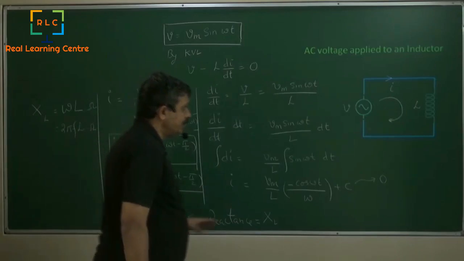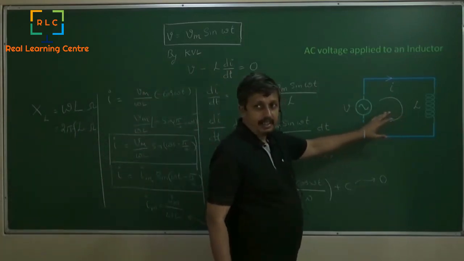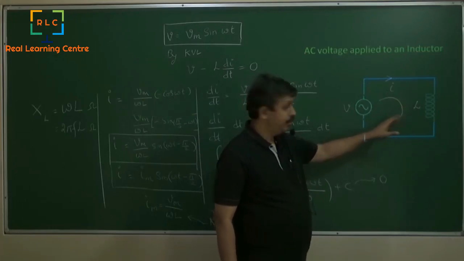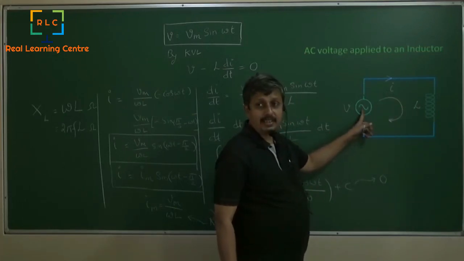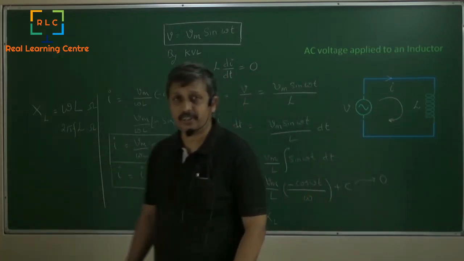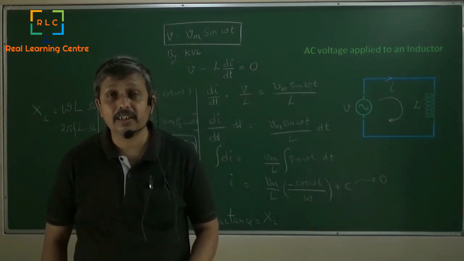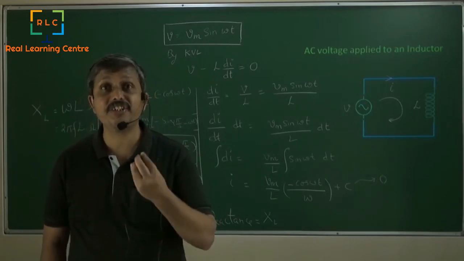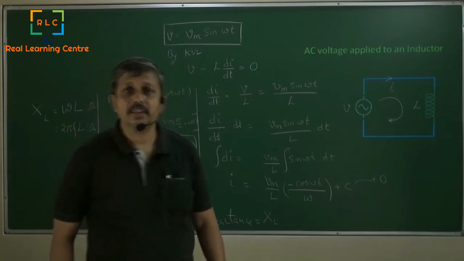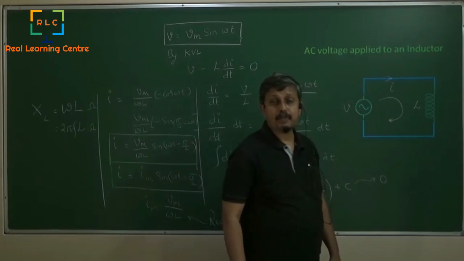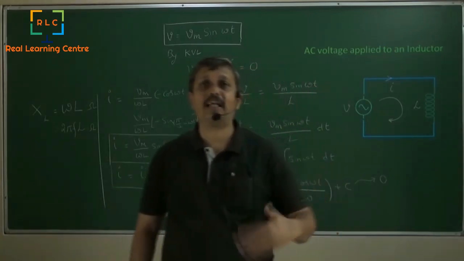So in an AC circuit, if this was not an AC circuit, think about it. If you had a DC here, there is absolutely no opposition, because the inductance gives opposition to the current only when there is a change in current, because the back EMF that gets induced is proportional to the rate of change of flux.